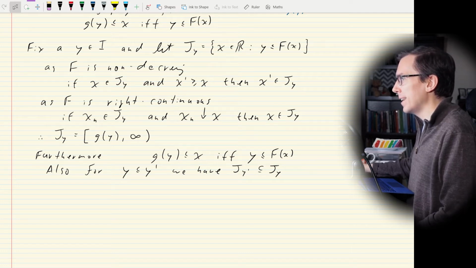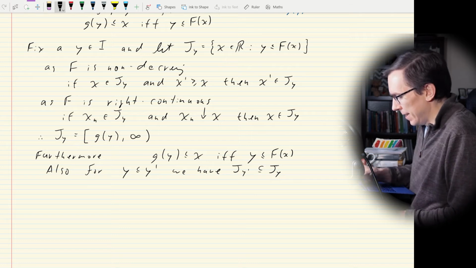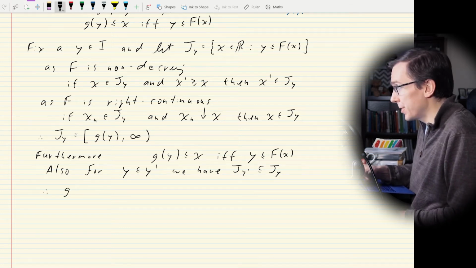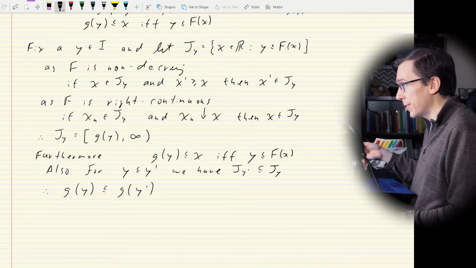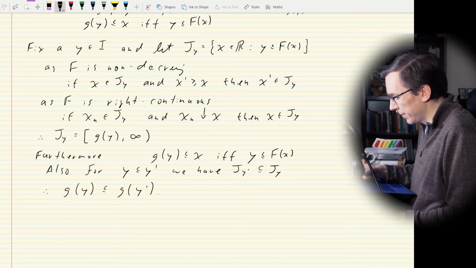Great. And that means that, therefore, our function g of y is going to be less than or equal to g of y prime. So there's our non-decreasing that we wanted to show.